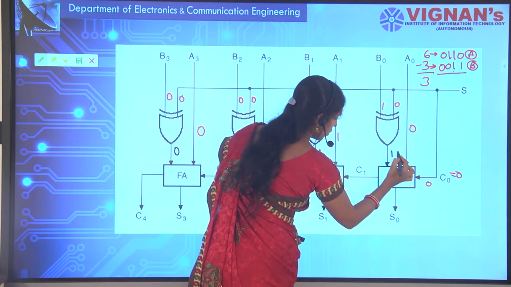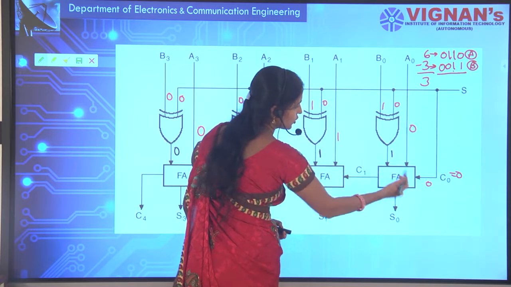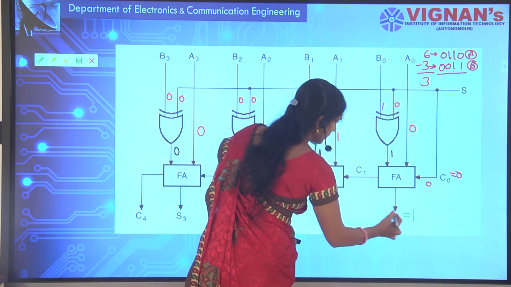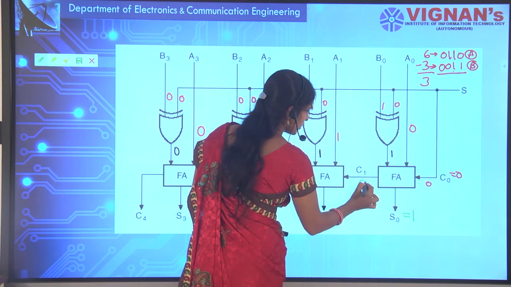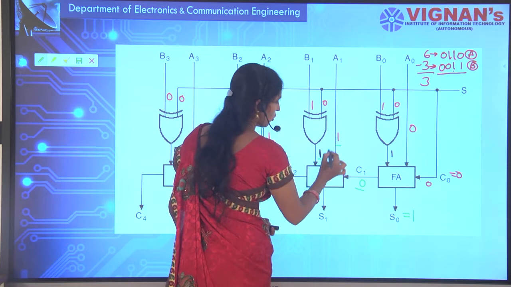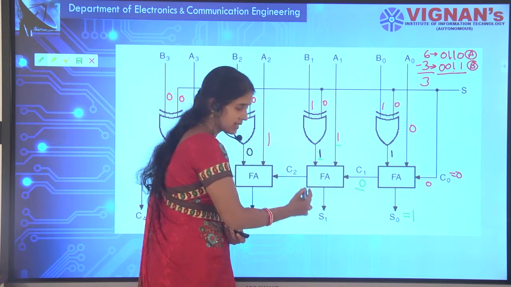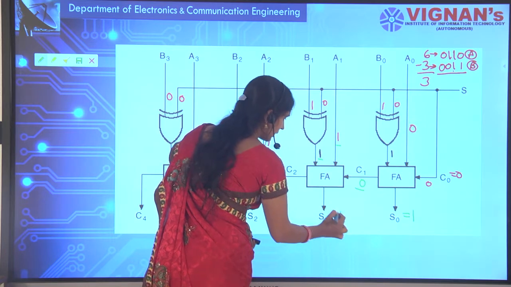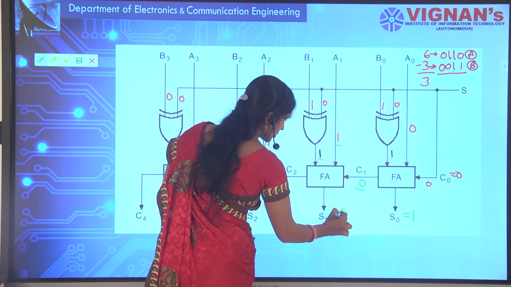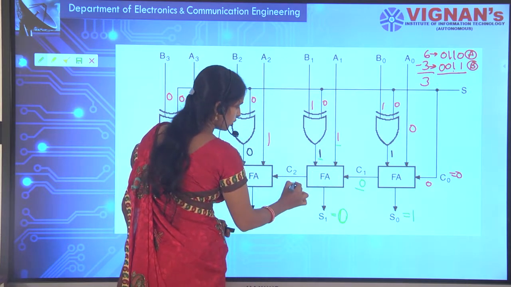You will be getting 1, 0, 0, which means sum is equal to 1, carry input is equal to 0. So you are provided with 1, 1, 0. 1 plus 1 is sum 0, carry 1.